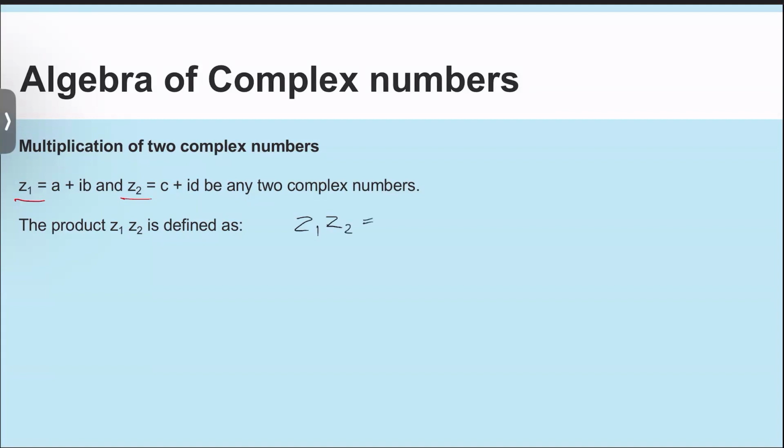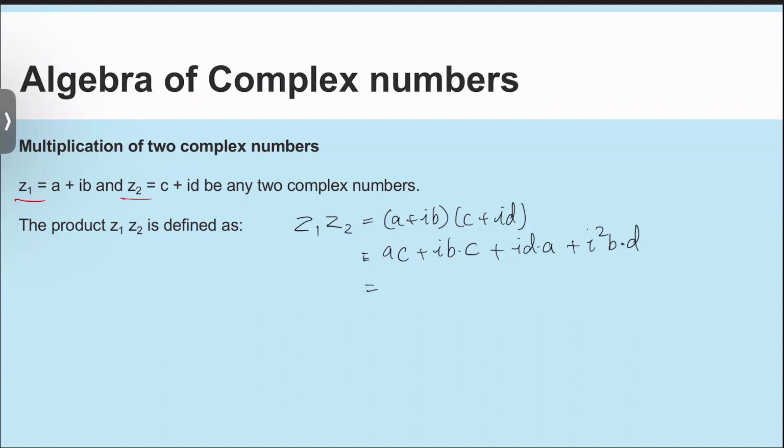If you just write it in the general form, (A plus iB)(C plus iD), and expand the brackets, what you get is AC plus iAD plus iBC plus i square BD.